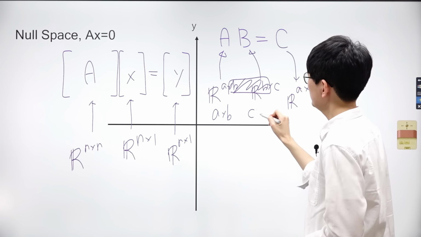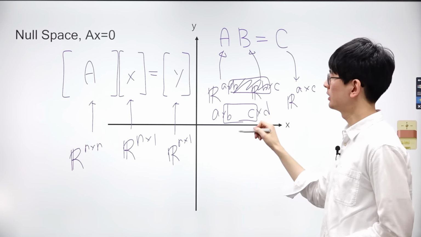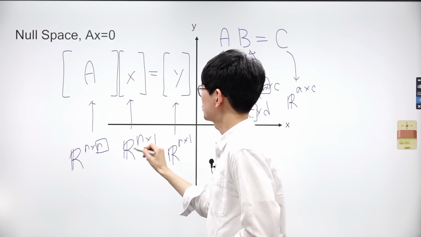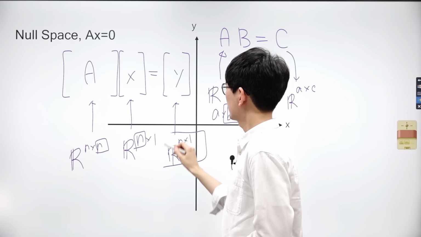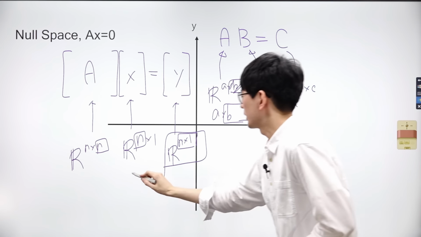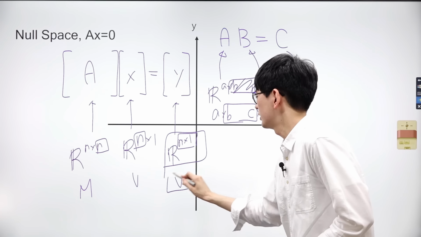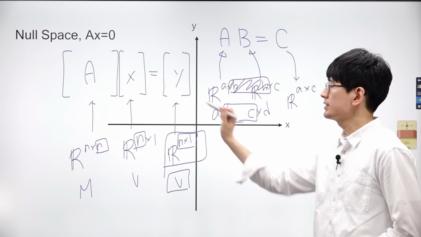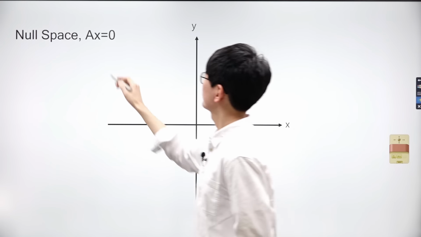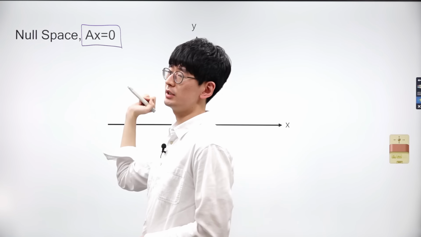Remember, we can only multiply two matrices when the inner dimensions match. Since the inner dimensions of matrix A and vector x are both n, the resulting matrix is an n by 1 matrix. So when the inner dimensions are the same, multiplying a matrix by a vector yields a vector. Now let's delve deeper into how this operation functions and what implications the result holds.